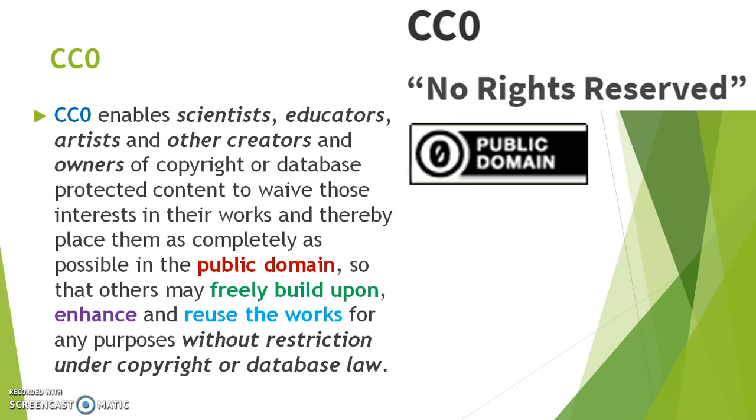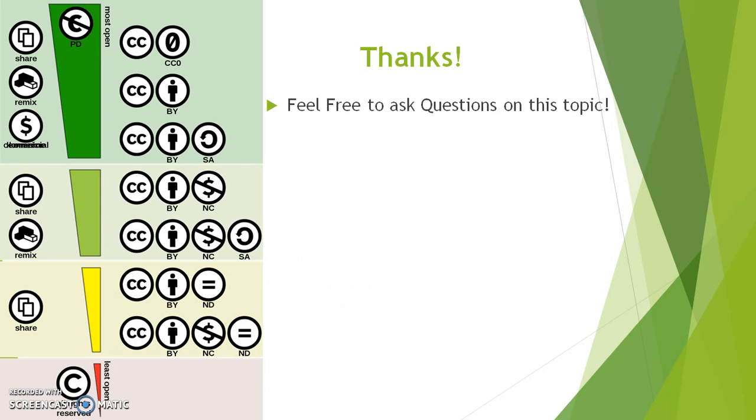So CC enables scientists, educators, artists, and other creators and owners of copyright or database protected content to waive those interests in their work and thereby place them as completely as possible in the public domain so that others may freely build upon, enhance, and reuse the work for any purpose without restriction under copyright or database law. So this is the most unrestricted license.